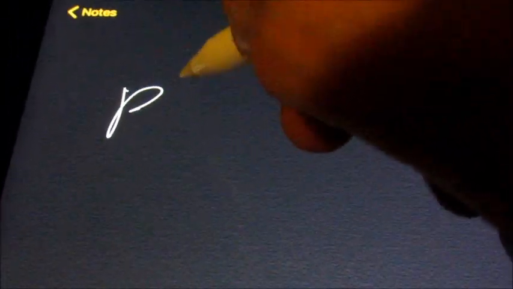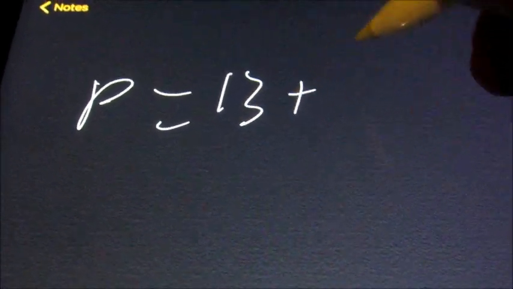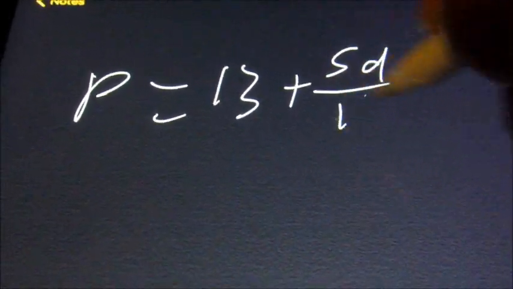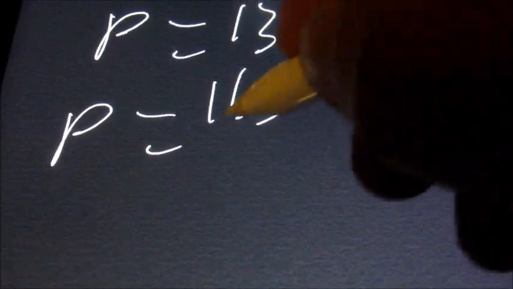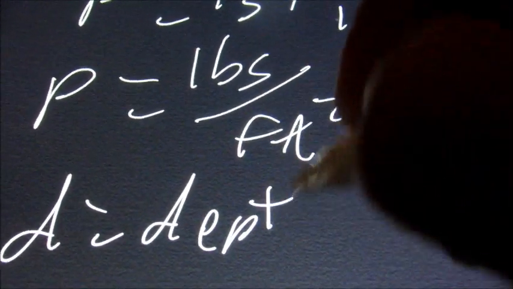And then next, we have, let's see, an equation that they'll give: P equals 13 plus 5D over 12, where P equals pounds per square foot and D equals depth.